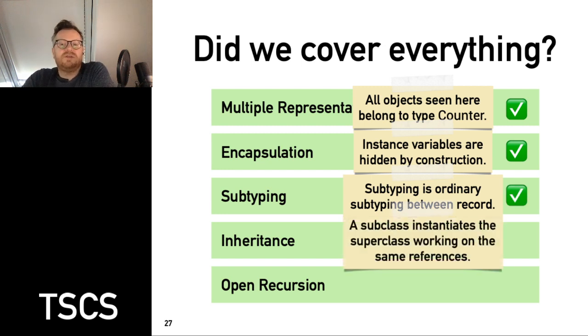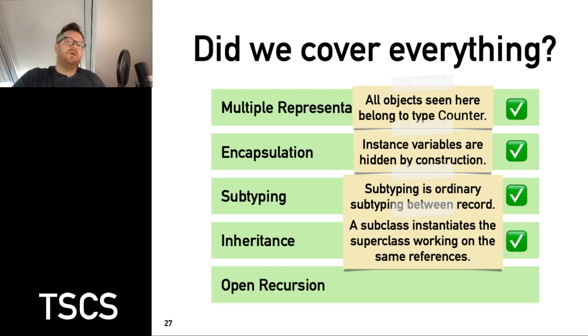And inheritance, this was something that we looked a little bit closer, and there we had a subclass instantiates the superclass working on the same references. And that worked pretty neat. So we're also good here.